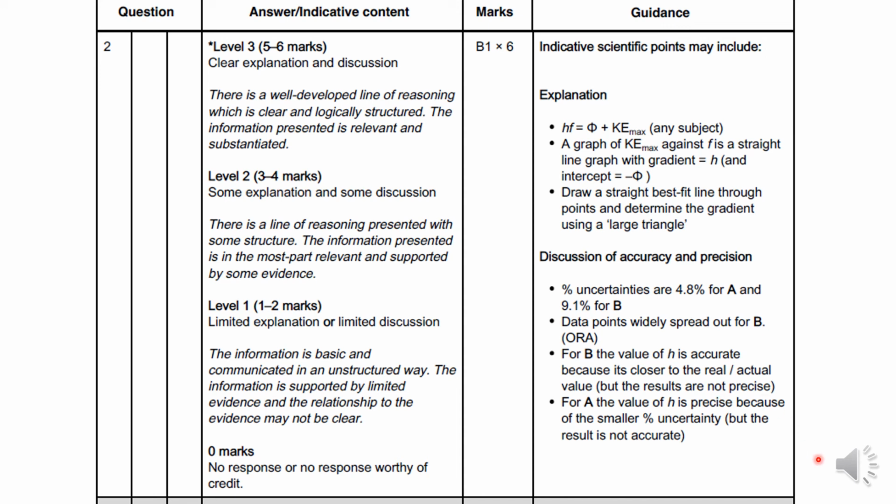We can ignore that 10 to the minus 34 and work out the percentage uncertainties. For A, it will be 0.3 divided by 6.3 times 100, and for B it will be 0.6 divided by 6.6 times 100. So we can work that out straight away.